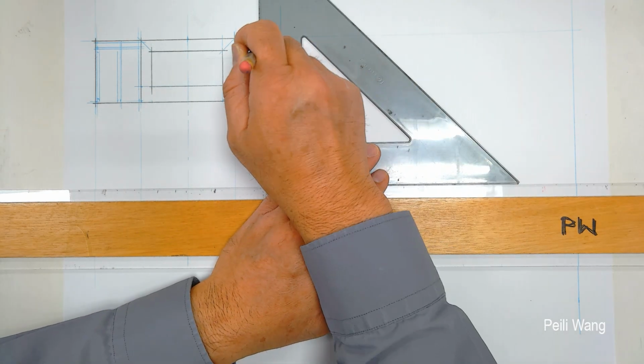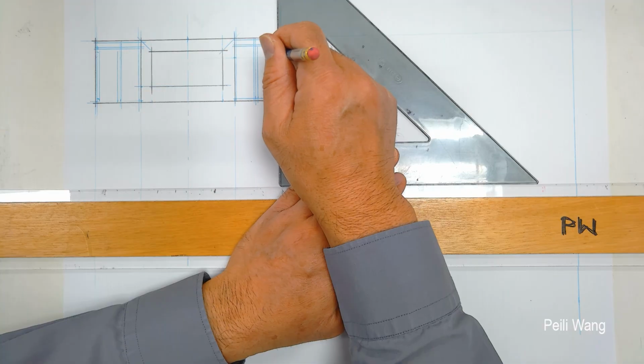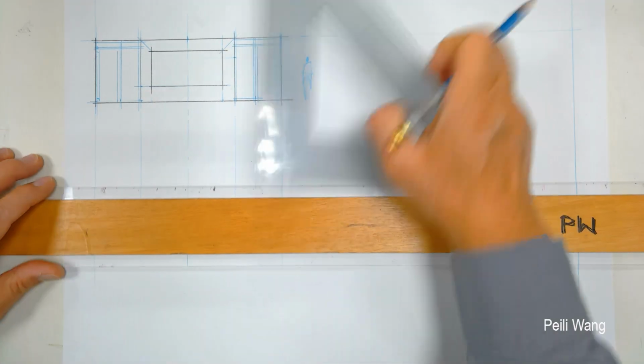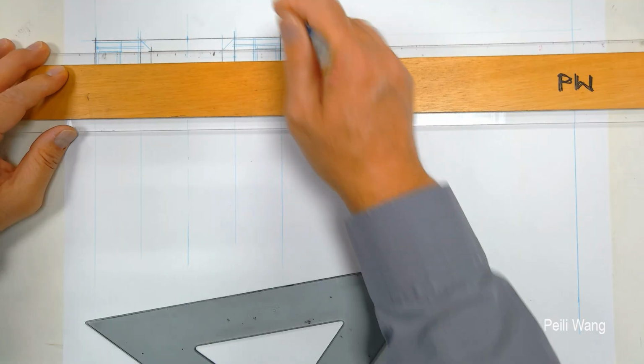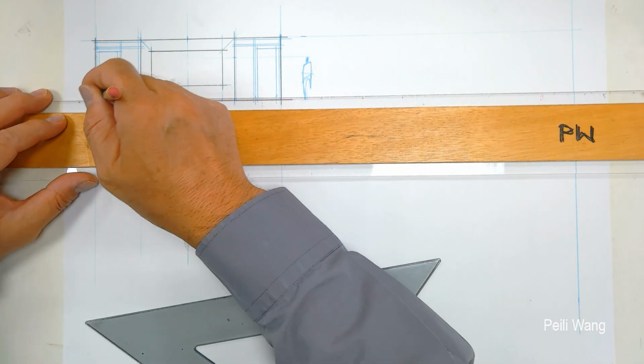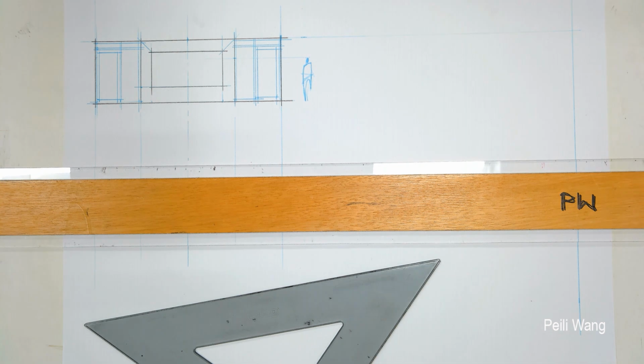So don't be afraid if you make a mistake. This is not ink. Make sure. Okay. Horizontal line. Okay, perfect. So now take a look, I make it like this. The rest is just the details.